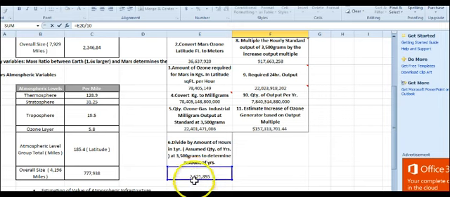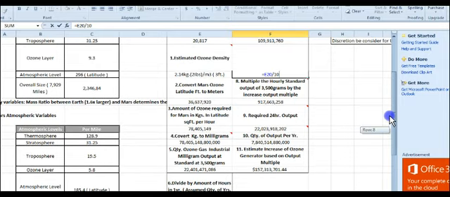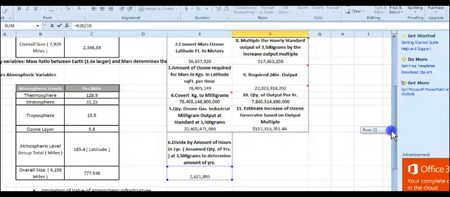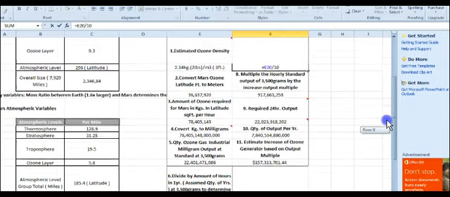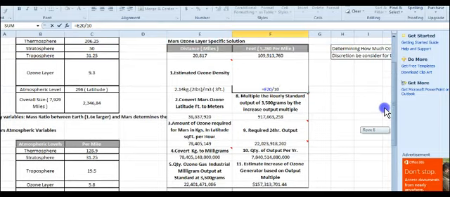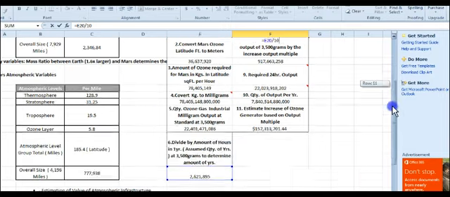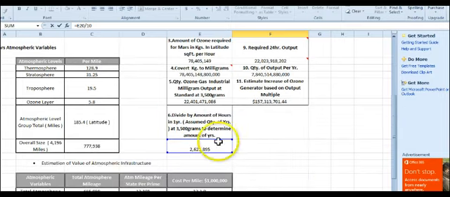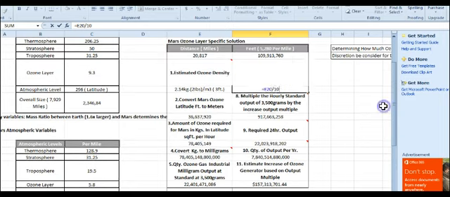To correct myself, it actually takes 2.6 million years at 3,500 milligrams to maintain an atmospheric infrastructure to the point where the density of ozone is able to push up the carbon dioxide in Mars. So to determine the amount of output ozone generators need to be putting out per hour to maintain an atmospheric infrastructure in 10 years, we took the 2.5 million years and divided that by 10.